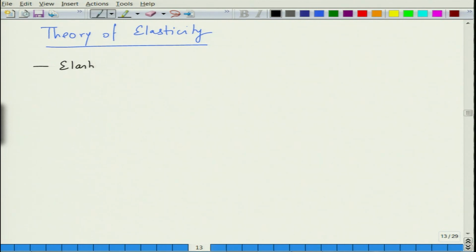elastic deformation in materials is basically a reversible deformation. Okay.